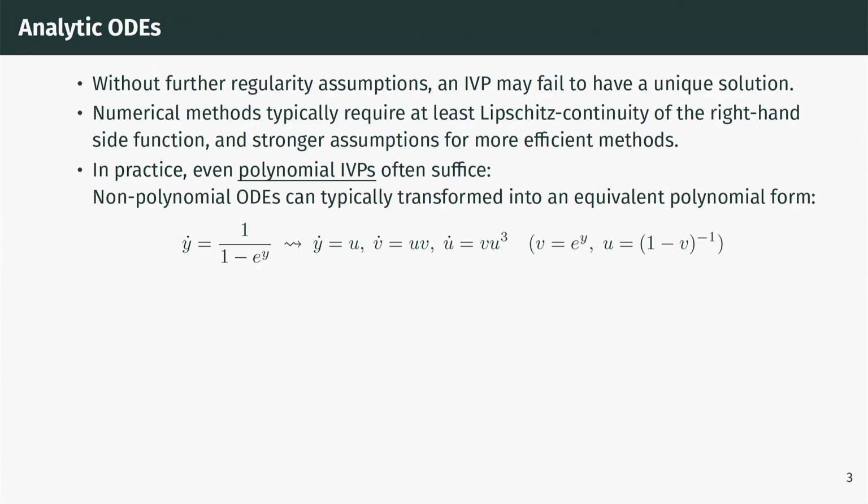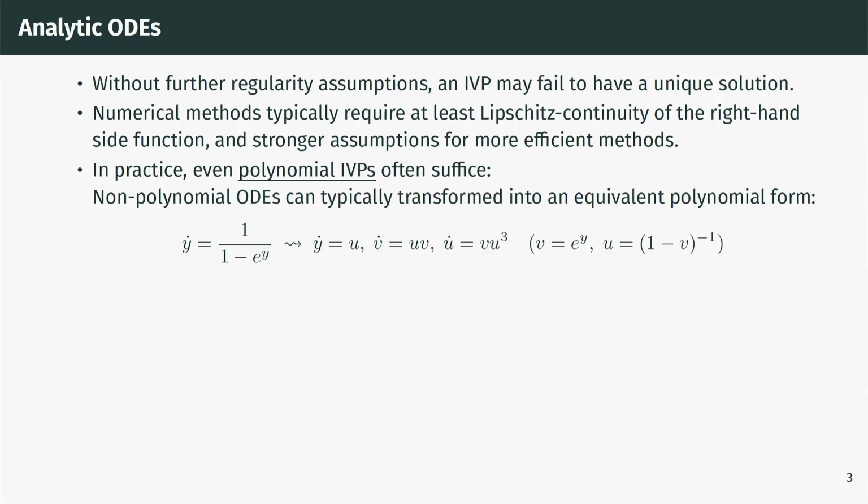Especially if we think about just doing numerical computations, many non-polynomial ODEs can be transformed into a polynomial form, again by introducing additional variables. For example, here we have a very complicated ODE, like 1 over 1 minus e to the y, but we just introduce variables for e to the y and 1 over 1 minus v.